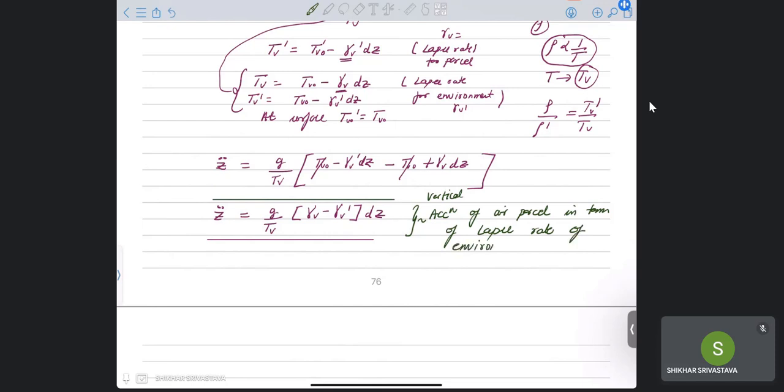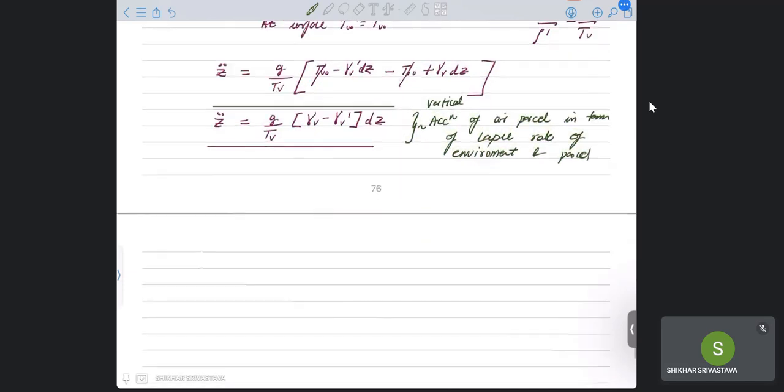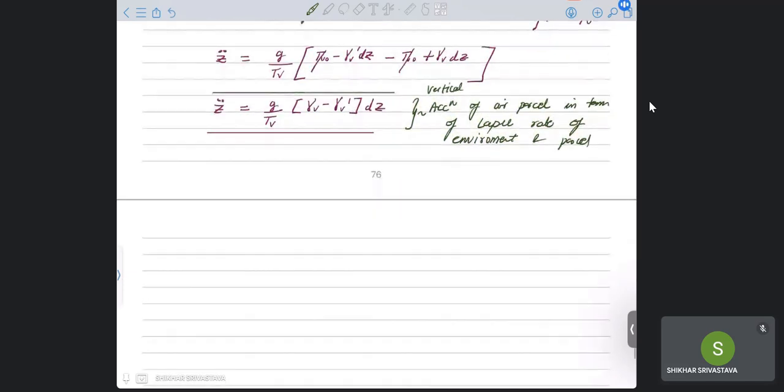The environment lapse rate is gamma V and the parcel lapse rate is gamma V prime. Okay, so basically what you can write over here is that I can just confirm whether it is right. Yeah, it is right only.